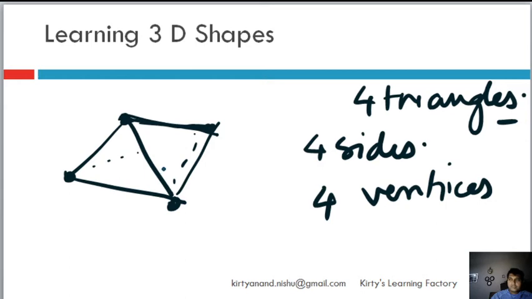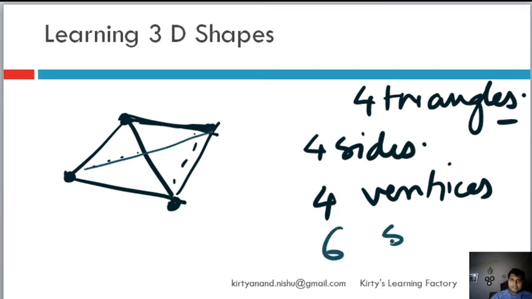So let's now count the edges. We have taken 4 triangles. So basically 1, 2, 3, 4, 5, and then 6.